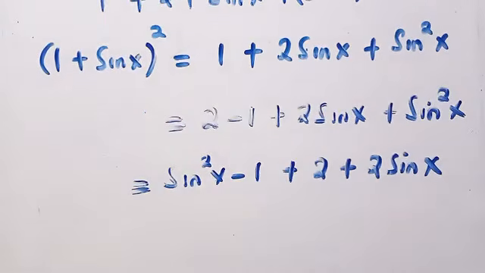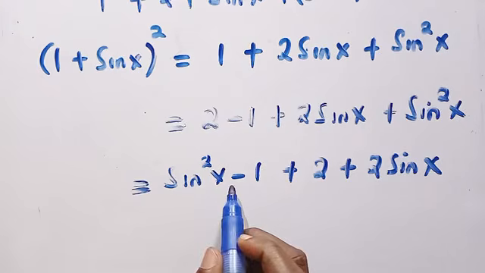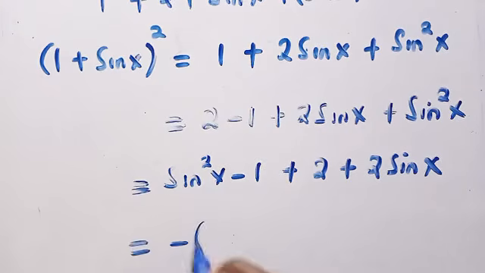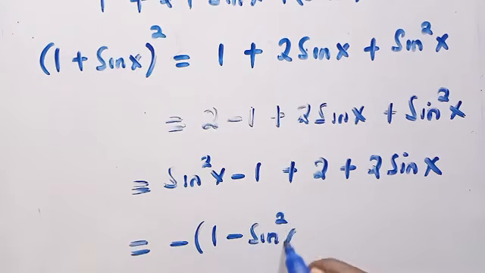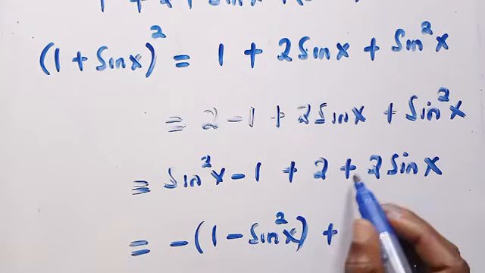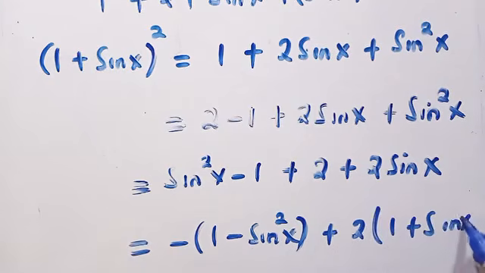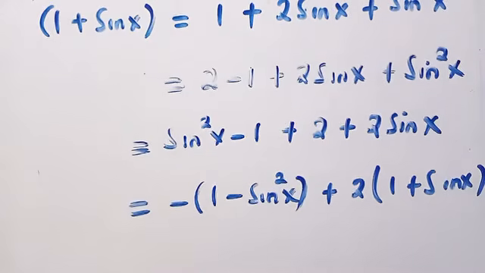What I need here is something like 1 minus sine squared x. So if I take out the minus, we change this to 1 minus sine squared x, then plus, let's factor out 2 here as well, 2 times 1 plus sine x. And everything here equals 1 plus sine x squared.